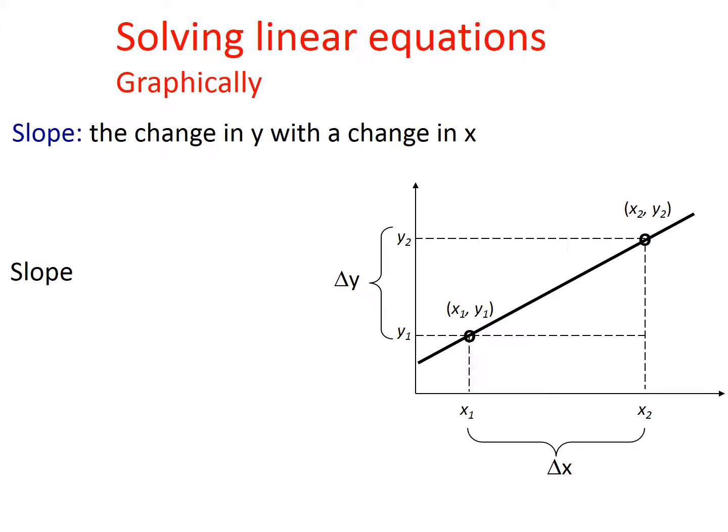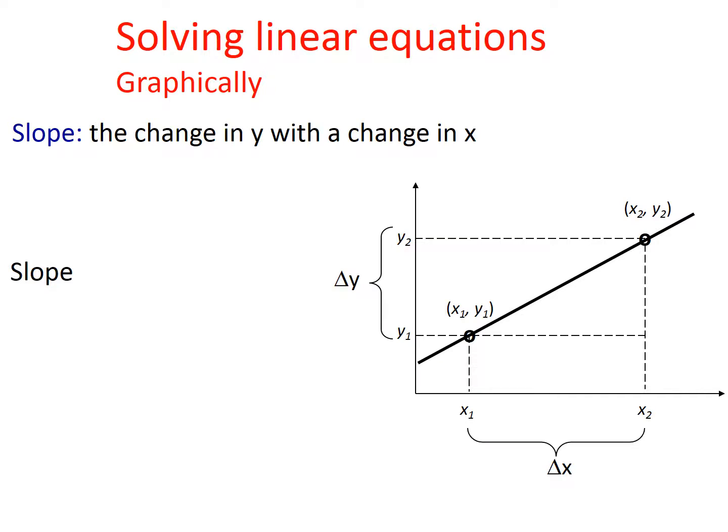So we now know that y is equal to 0.5x plus b, or whatever we're calling this variable that's the thing at the end, the intercept with the y-axis. So we can rearrange this equation to make b the subject. So b is equal to y minus 0.5x.